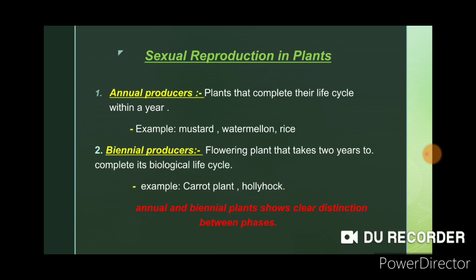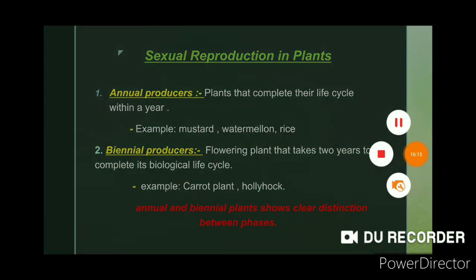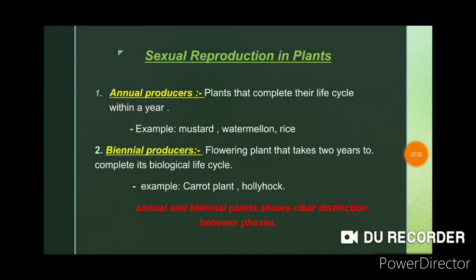Next we have biennial producers. What do we mean by biennial producers? Biennial producers are the plants which flower in 2 years, like they complete their life cycle in 2 years. I repeat, biennial producers are the flowering plants that take 2 years to complete their biological life cycle, which means they take 2 years to flower.